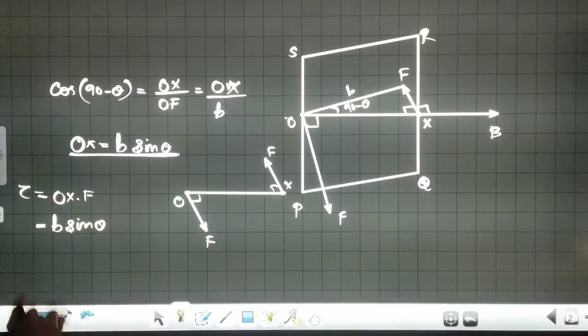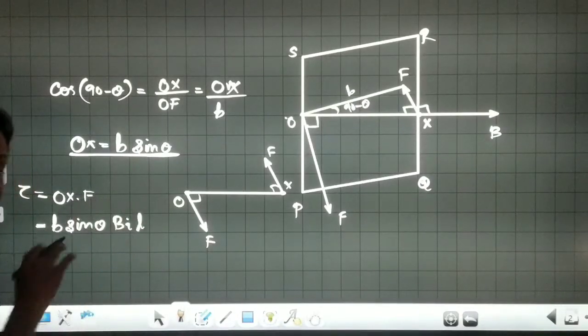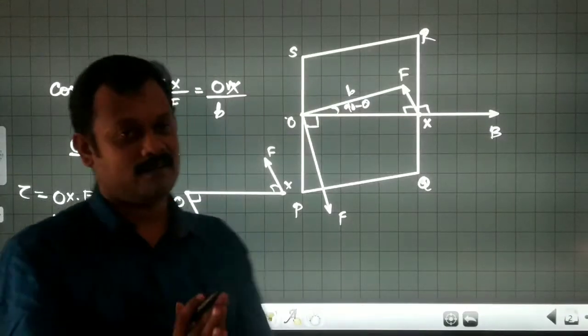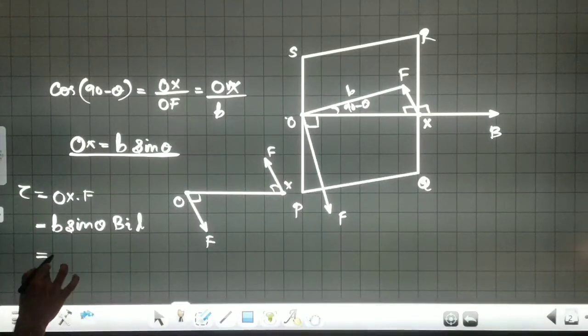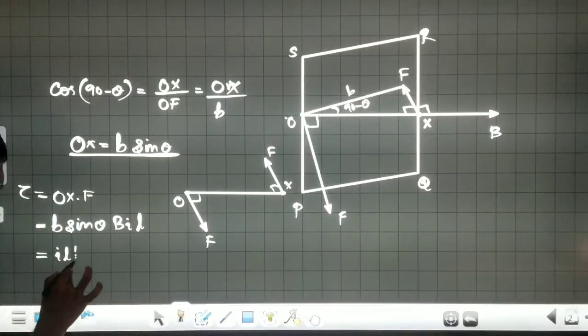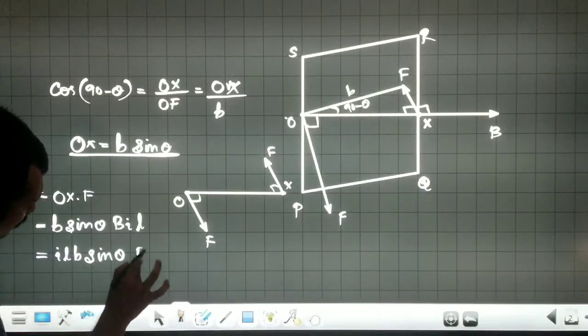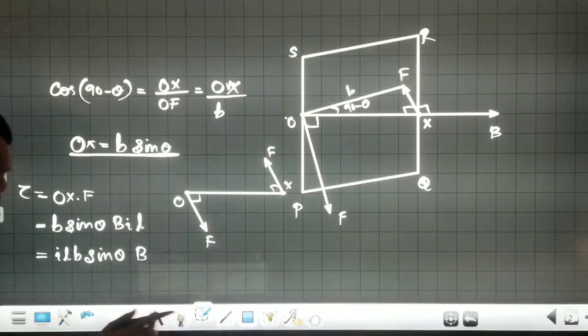F is equal to BIL. So we can see that this is equal to I into LB sin theta into B. ILB sin theta.